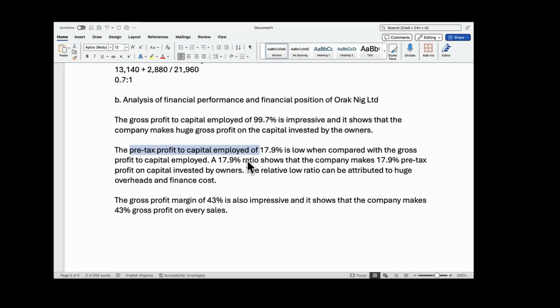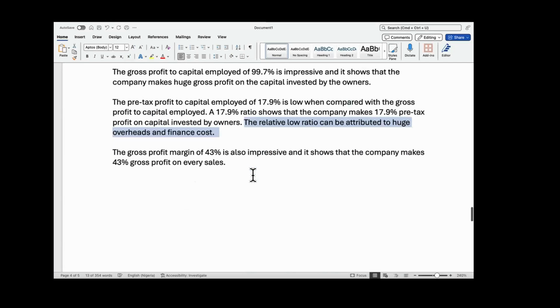I said a 17.9% ratio shows that the company makes 17.9% pre-tax profits on the capital employed. So in the exam, you might not necessarily say this, but it makes sense if you can mention why it is low relative to the gross profit.